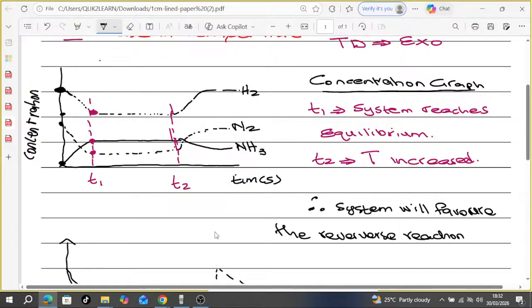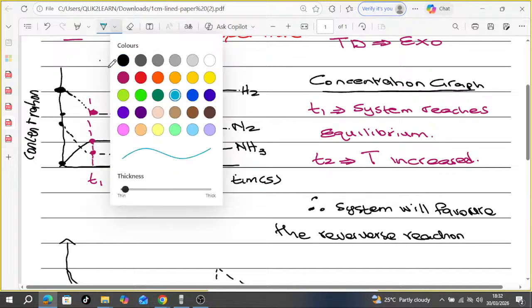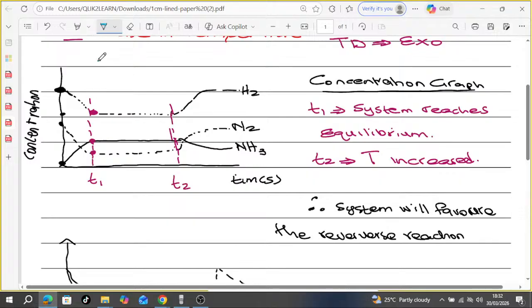Remember we need to focus and try to explain what is going on from this point. Remember the reactants, it's H2 and what? And N2. Look at the graph. What happened after the temperature was increased at T2?